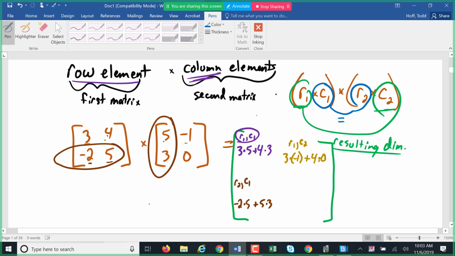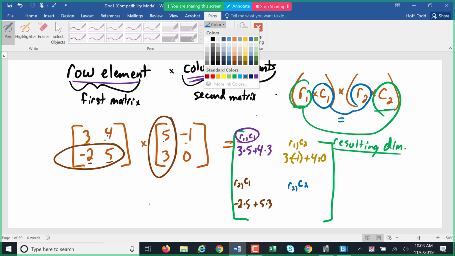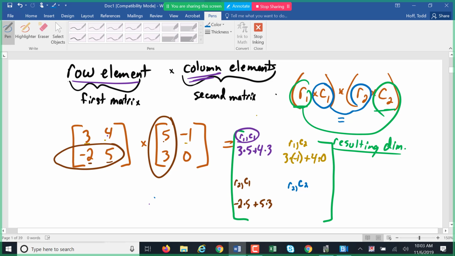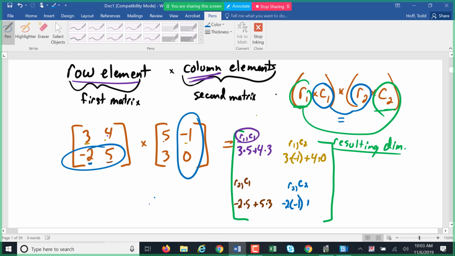And finally, for the last entry here, this will be row 2 and column 2. I use still row 2 of the first matrix. I'm going to use column 2 of the second matrix. So row 2 is -2 times -1 are the first elements, plus second elements is 5 times 0.